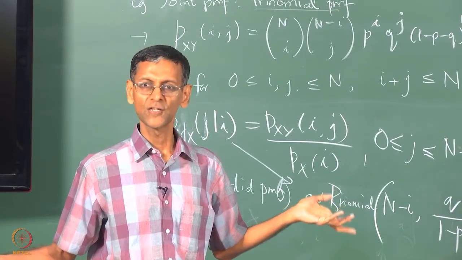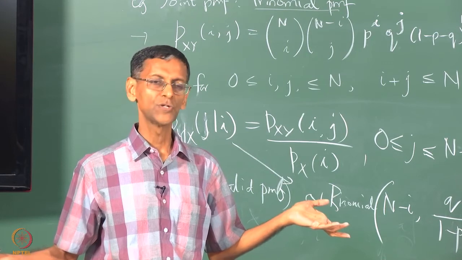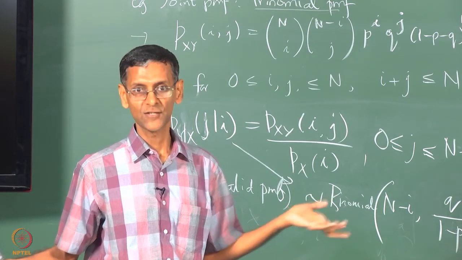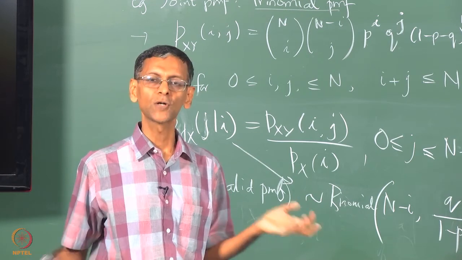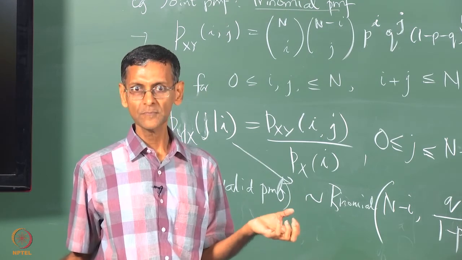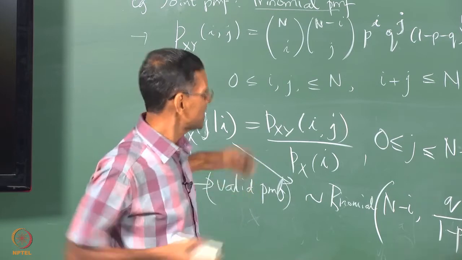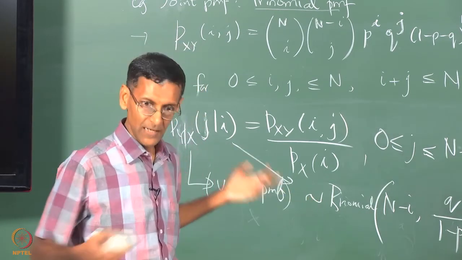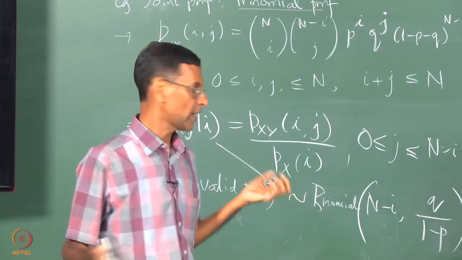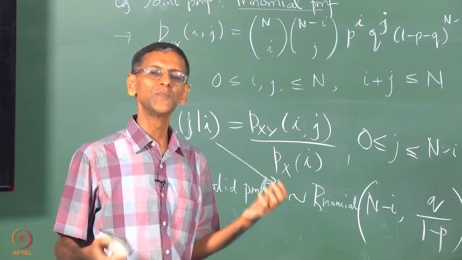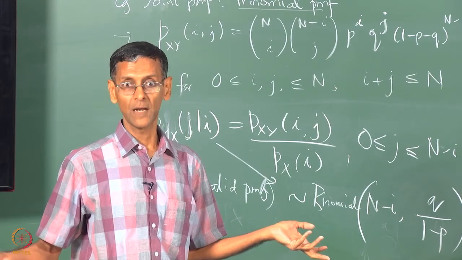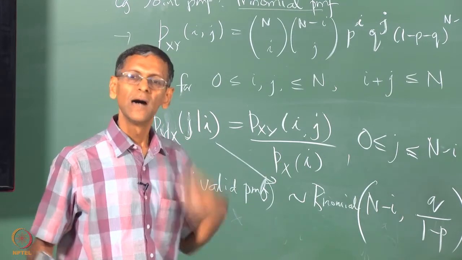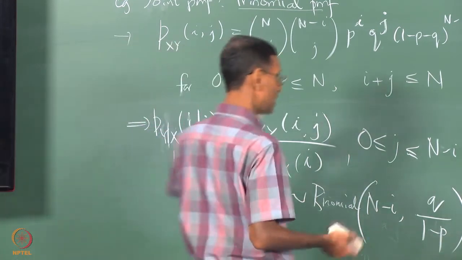Things of that sort. It is a crucially important concept to understand, because we are not just interested in merely describing joint events and joint probabilities, we are also interested in observing something and asking questions of inference. The whole idea of statistical inference is based on observation.